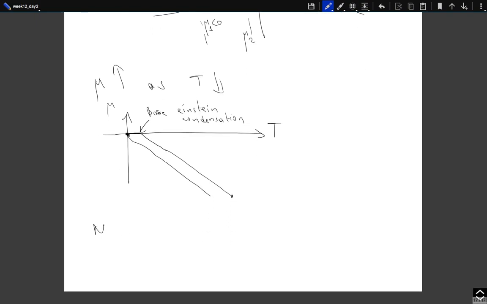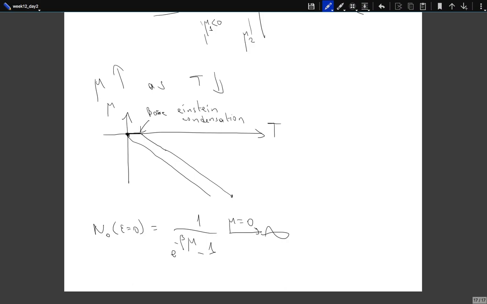You see, the number of particles in the ground state, let's say epsilon is equal to 0, will be given by 1 over e to the power minus beta mu minus 1. So mu equal to 0 basically means that this diverges.